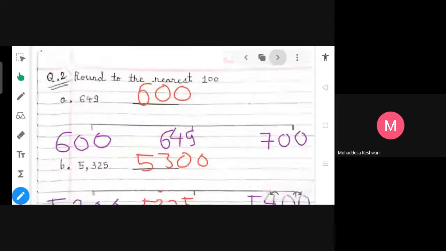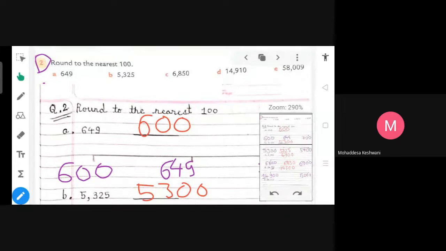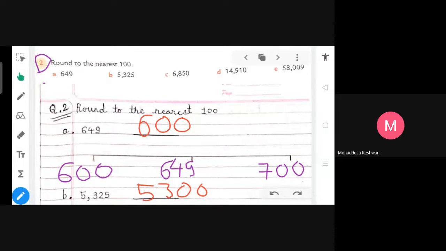Then here in round down to the nearest 100, you have to think about the before number. This is our question, 649. So you think of the before numbers like 648, 647, 646, 645. You have to think which before number is a multiple of 100. Okay, so from before number 600, and since this is the question, from after number 700.